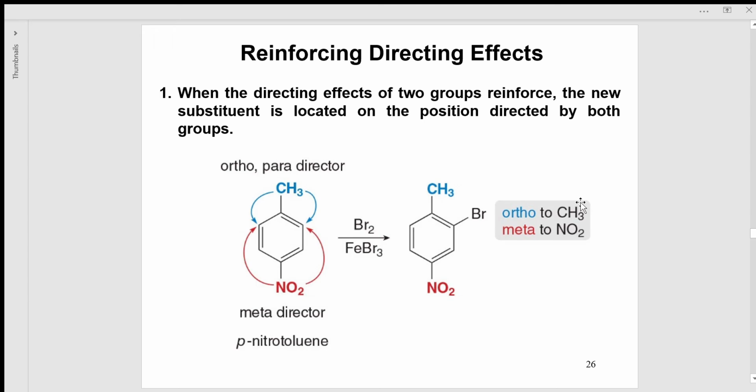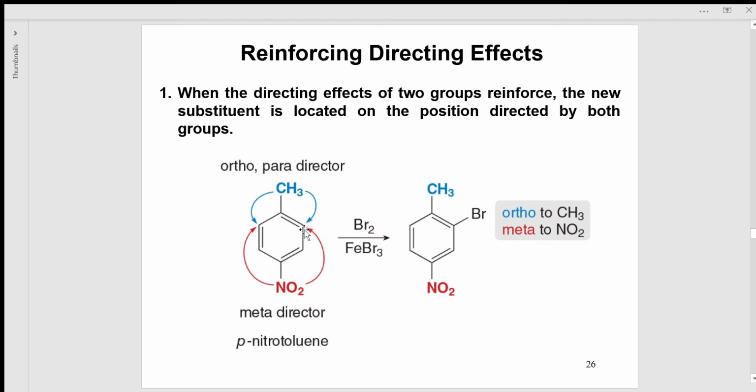Okay, let's take a look at a more substituted benzene here. In this benzene ring, we have two substituents, a methyl group and a nitro group. If we do the bromination reaction, an electrophilic substitution reaction, where will the substitution occur? We have 4 carbons, 4 hydrogens that can be replaced.